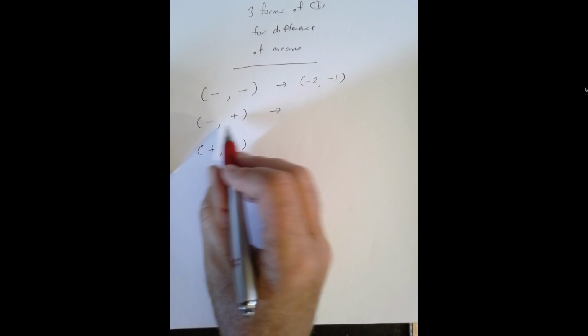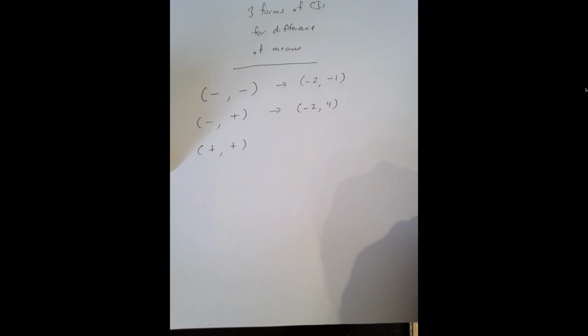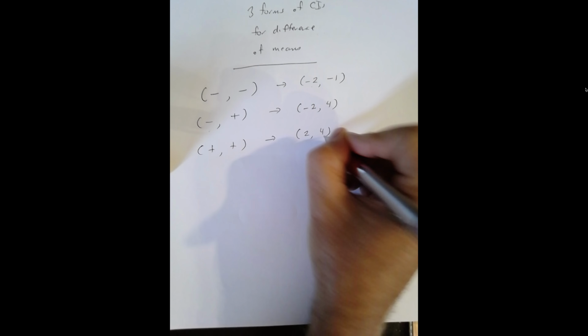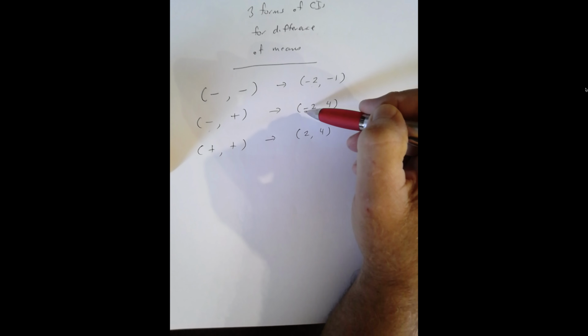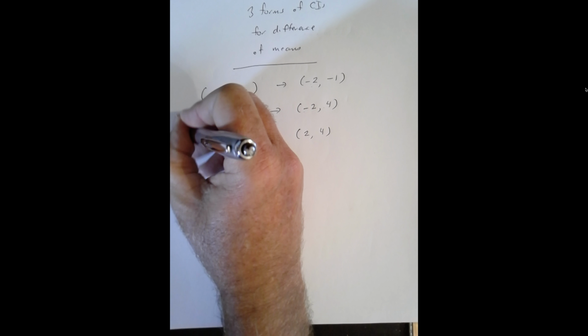An example of this would be negative 2, positive 4. An example of this would be 2, 4. In all cases, the left number is smaller than the right number, but this interval takes on a form of negative, negative. This interval takes on a form of negative, positive, and this one takes on a form of positive, positive.